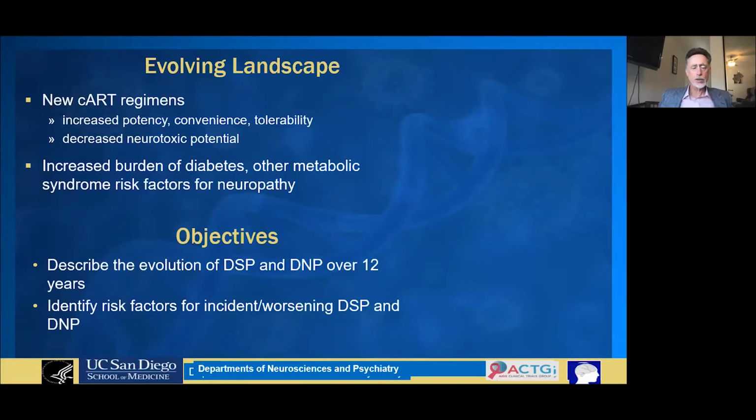At the same time, the burden of diabetes and other metabolic conditions that represent risk factors for neuropathy has increased. So we've got these two countervailing forces. And so we did a study to look at the evolution of distal sensory polyneuropathy and distal neuropathic pain over time and identify risk factors for new onset or worsening of these conditions.